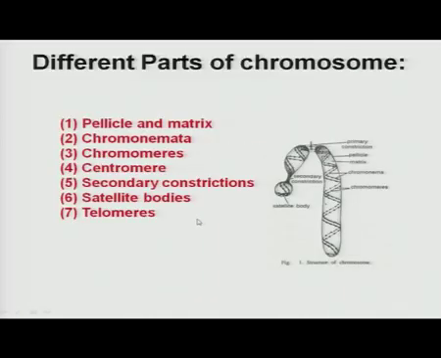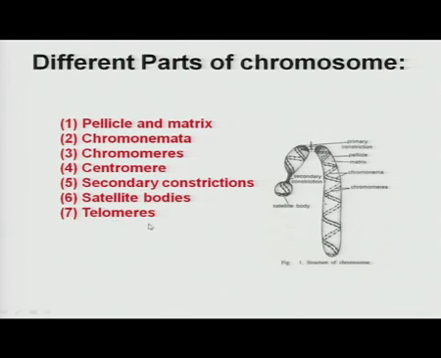Now let us know about the different parts of the chromosome. The first is pellicle and matrix, second is chromonemata, third is chromomeres, fourth is centromere, fifth is secondary constrictions, sixth is satellite bodies, and seventh is telomeres.